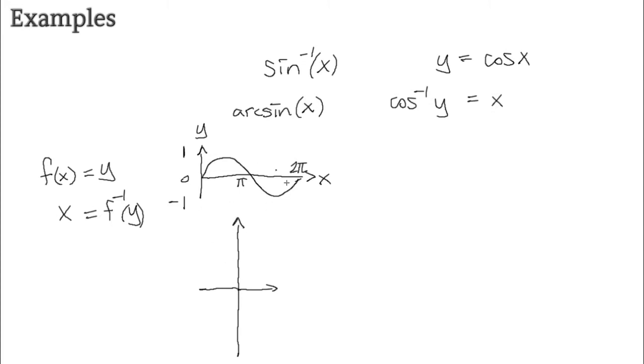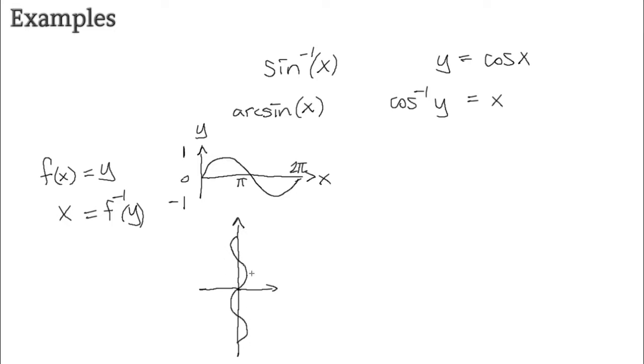So from this plot, if we reflect in the line y equals x, we get something that looks like this. However, for the curve, we want to include the negatives as well, so we're going to extend backwards.